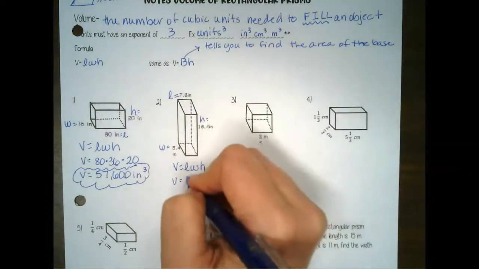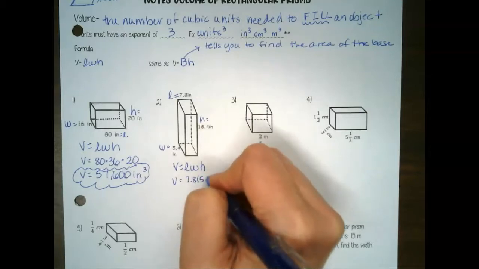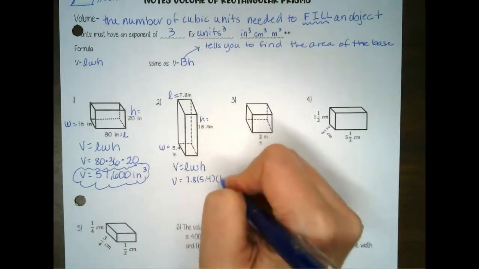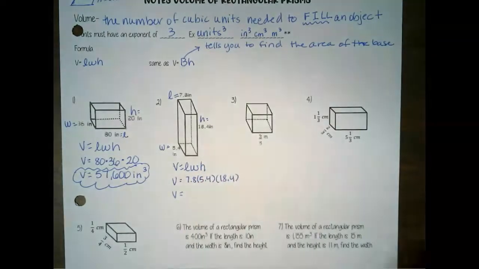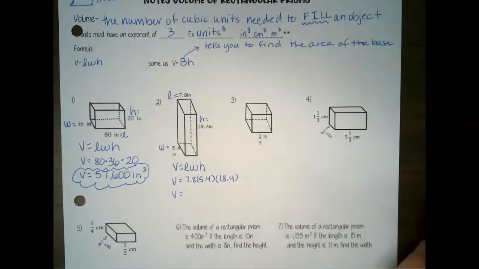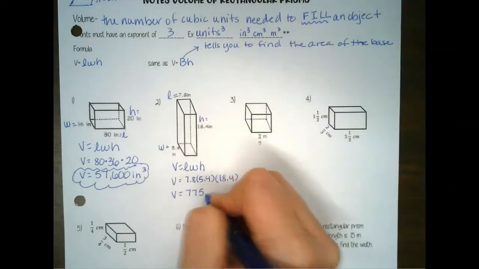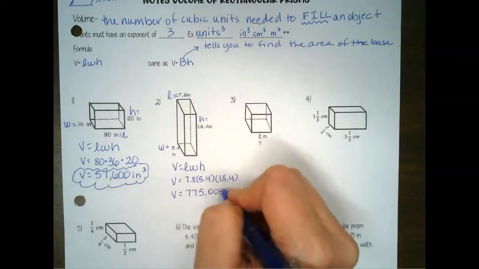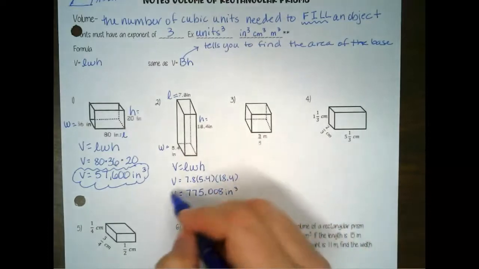Substitute 7.8 times 5.4 times 18.4. Type all of that into your calculator, and you should get 775 and 8 thousandths cubic inches.